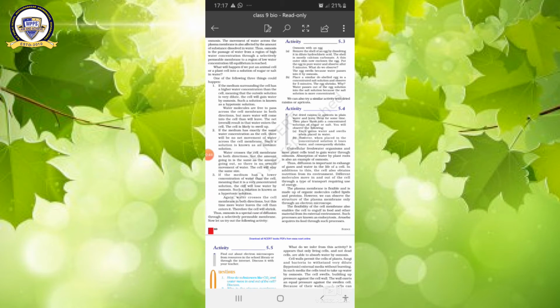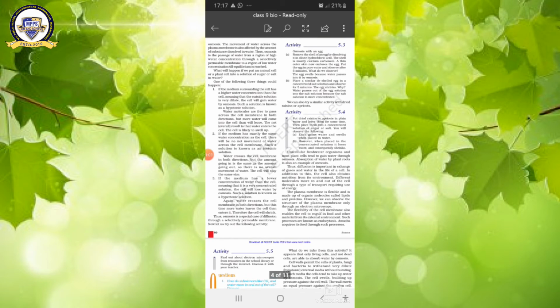One of the activities we are going to discuss here: first, if the medium surrounding the cell has a high water concentration, meaning that the outside solution is very dilute, the cell will gain water by osmosis.